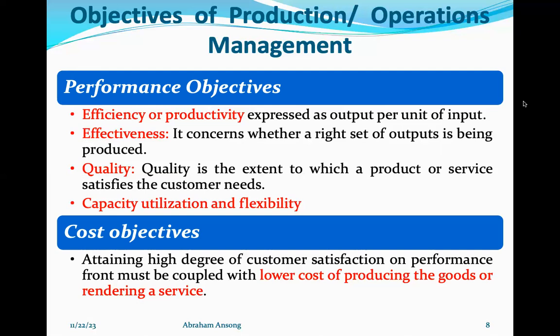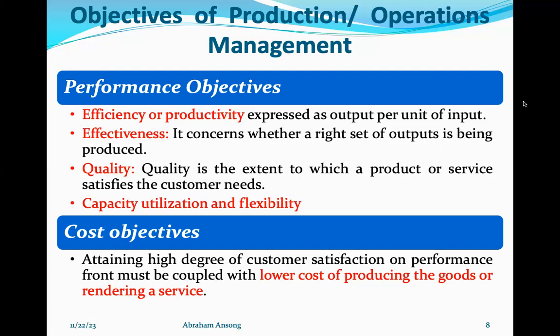In the same way, if you don't arrange the office spaces very well, you can underutilize the land or the physical space that you have in the organization. So production and operations management is there to ensure that there is maximum capacity utilization and flexibility. We won't just buy machines for them to be lying down idly, but we should be able to make use of these machines to get the best out of them.